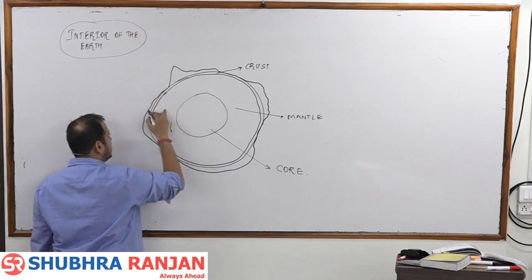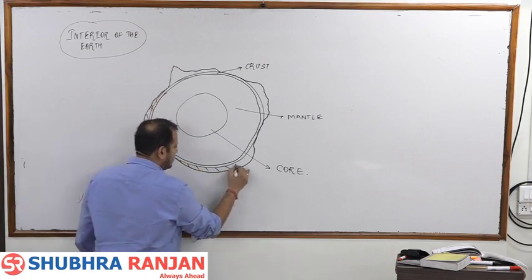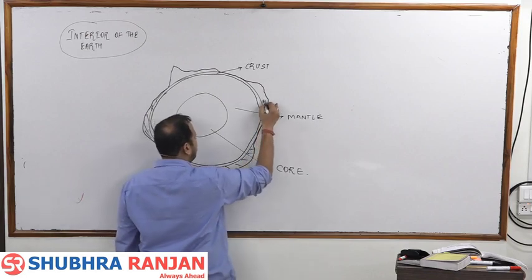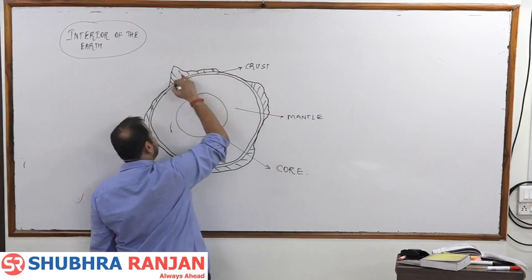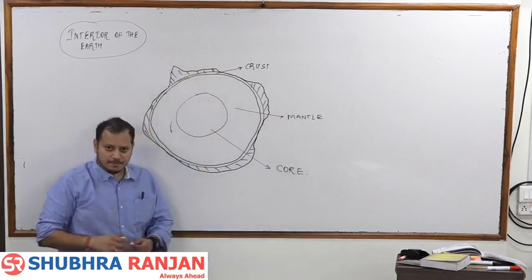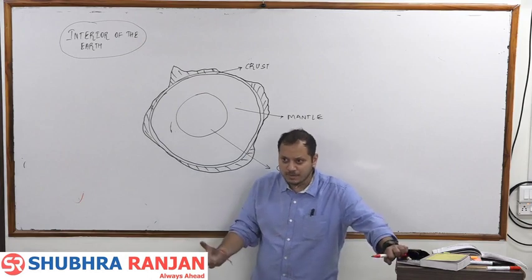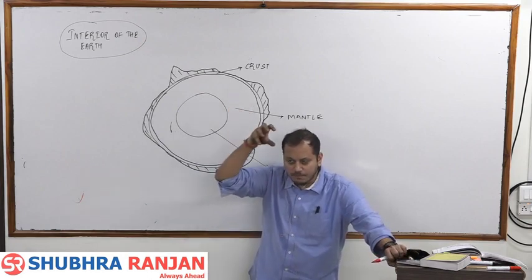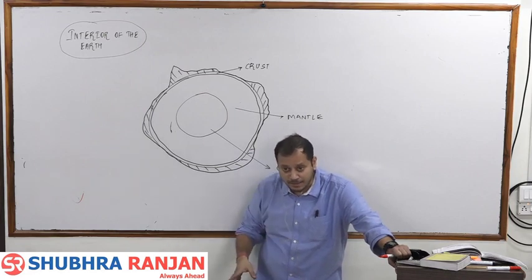Now, as you can see in the diagram, the continental crust is at a greater height as compared to the oceanic crust. Why? Because the continental crust has less density, therefore it floats or is up. The one which is denser sinks. Why does it sink?